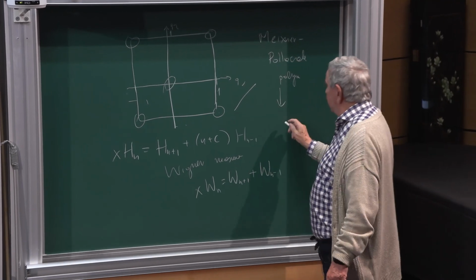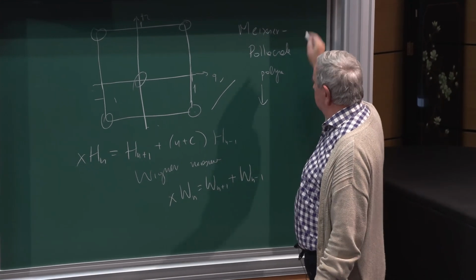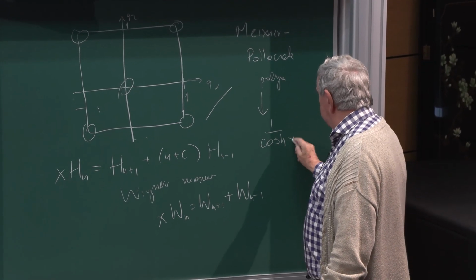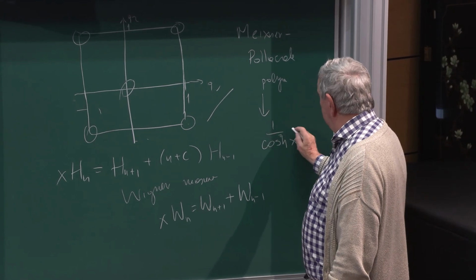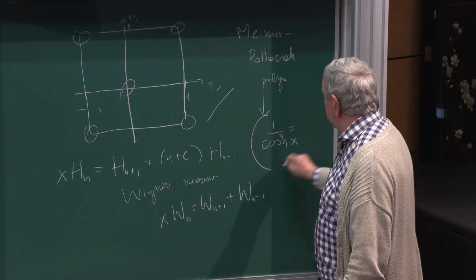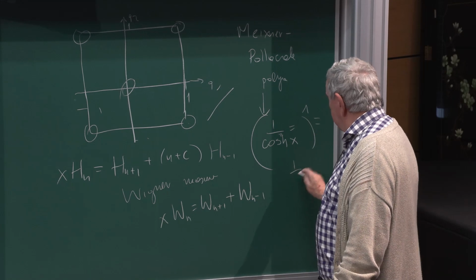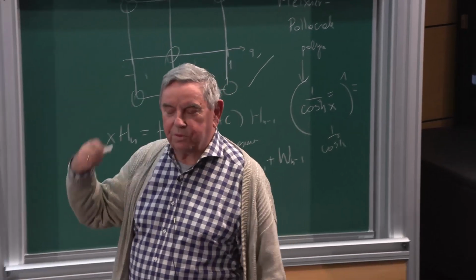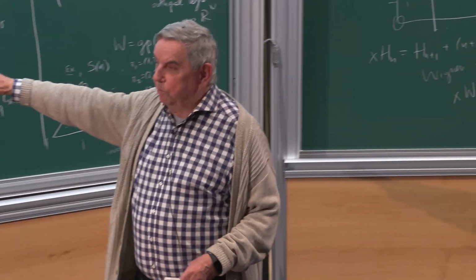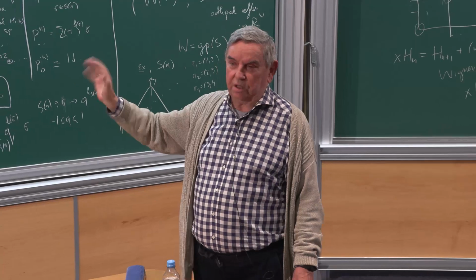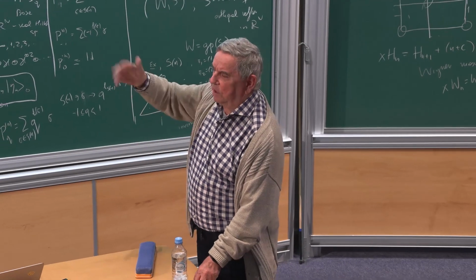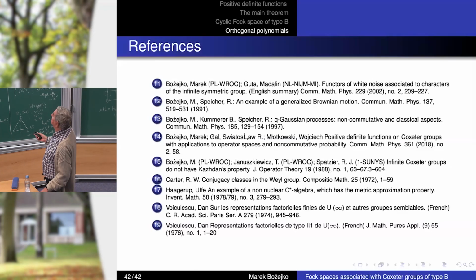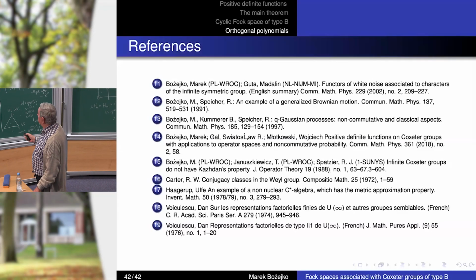One important thing is there are 2 parameters also, I don't count, but one is important: this cosinus hyperbolicum x, this is the measure, maybe squared. And important is that the measure's Fourier transform is the same. This is like Gauss, but cosinus. That corresponds to a special deformation of that group, but using only simple roots. I have no time. This is a series of papers that I wrote some years ago.